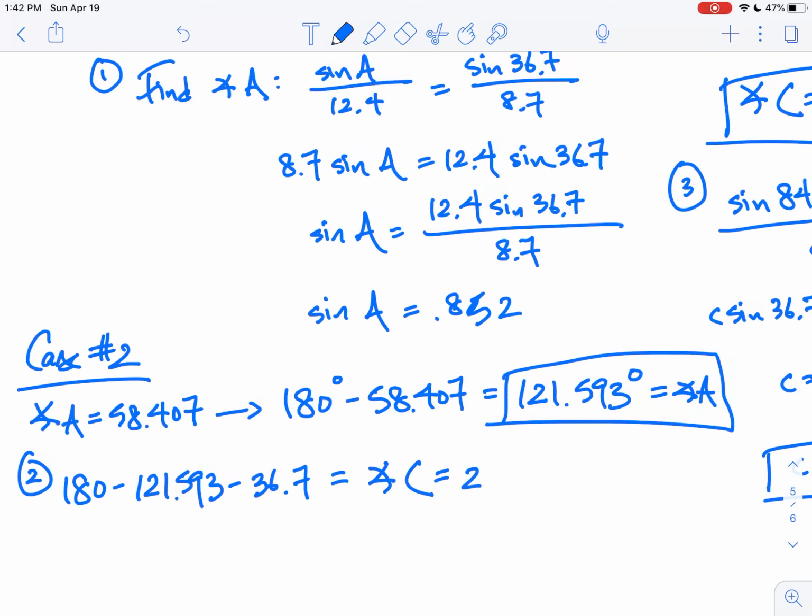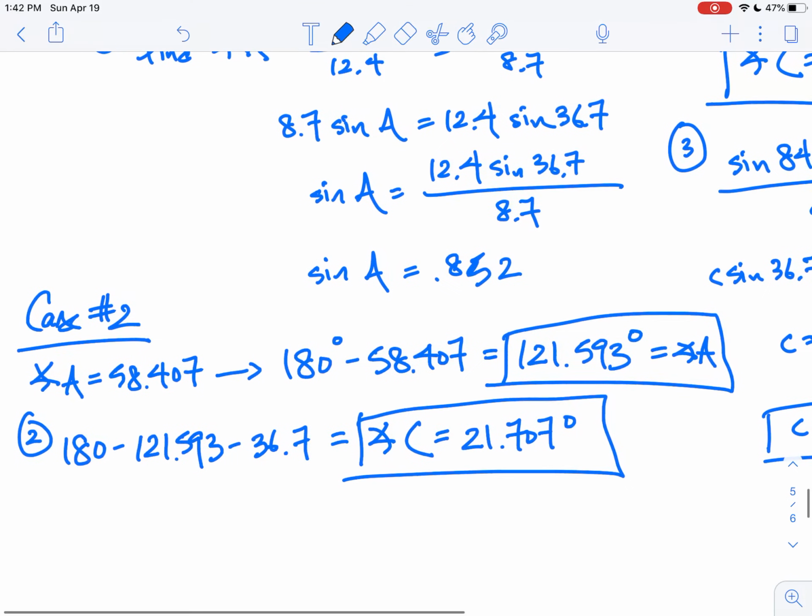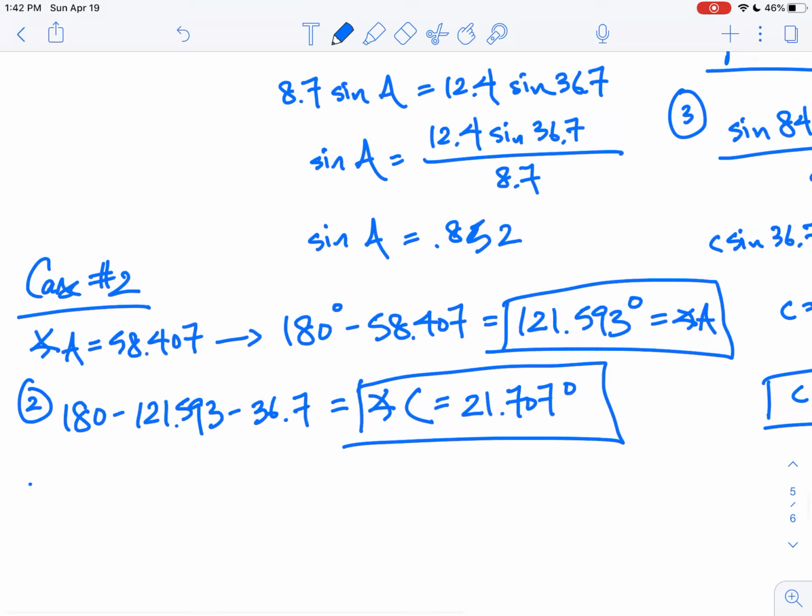And it sure does. It gives us an angle of 21.707 degrees. Okay? So because I'm able to find this, I know that there's going to be a second triangle. And I'm going to go ahead and set this up to find the little c for that other triangle.